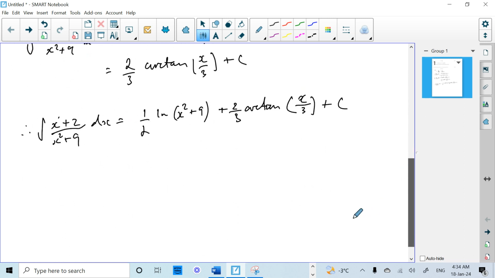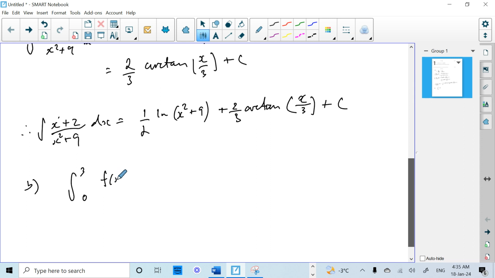So part B now, we're going to put in the required limits. So the limits, of course, are 3 and 0. And we need to make sure that we substitute in everything we just found.